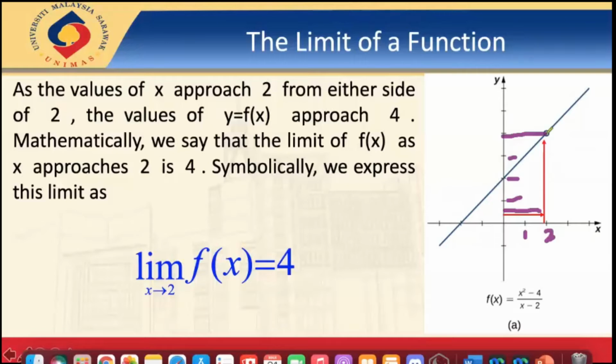So this concept is called that when the value of x is approaching 2, then the limit of f of x approaches 4. Symbolically or mathematically we write it like this: the limit of f of x as x approaches 2. You see the x arrow 2 means x is near to 2, then the function value will be equal to 4.